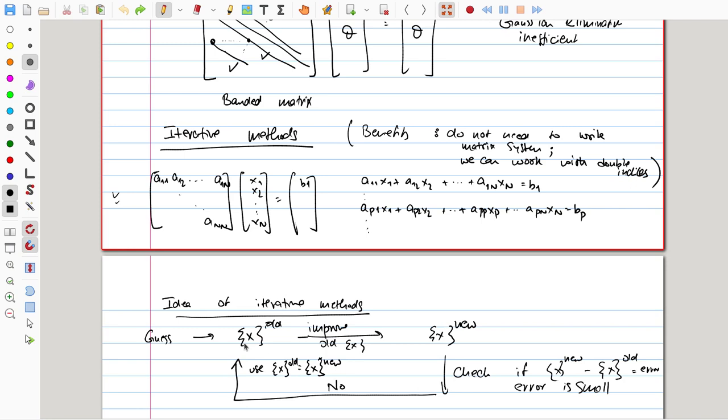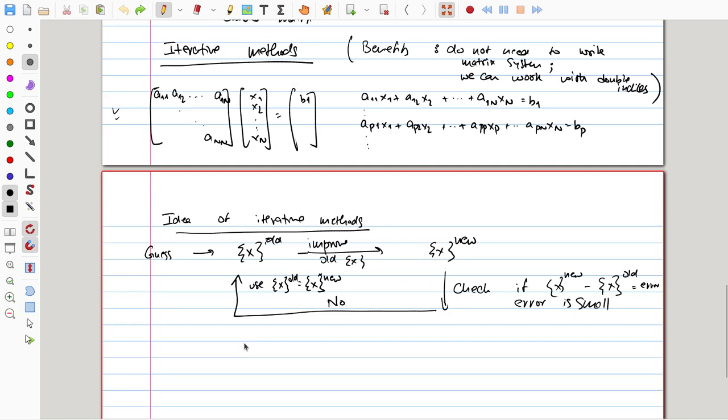In iterative methods, we discussed the idea of the technique and then stopped there. The idea of iterative methods, any kind of method, is that you start with an initial guess, it could be any guess, and then you improve upon that based on some formula.